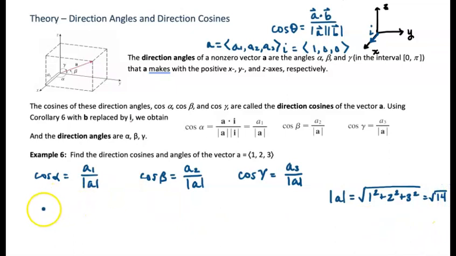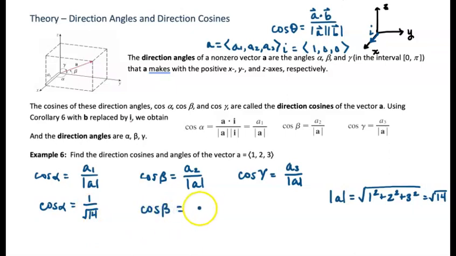To find these directional cosines, we are simply placing the first component in the numerator over the magnitude of A, which is the square root of 14. And we don't really need to worry about rationalizing our answers here. We can keep a square root in the denominator. That is just fine.